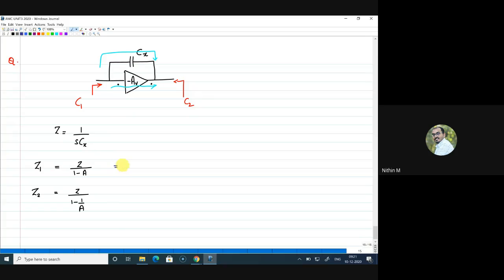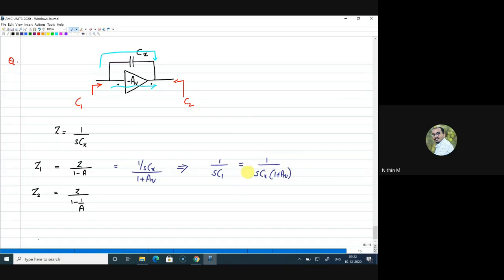Z is 1 by SCx divided by 1 minus AV, where AV is negative, so it is 1 plus AV. So I can write this as Z1, the impedance, equal to 1 by SC1. If I want the capacitance at the input side, I write Z1 as 1 by SC1, which is equal to 1 by SCx into 1 plus AV.